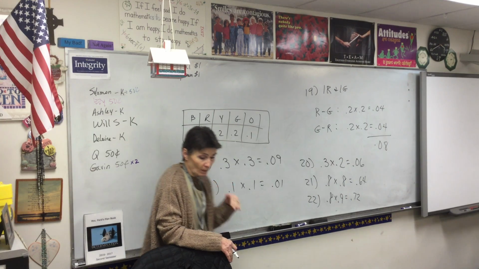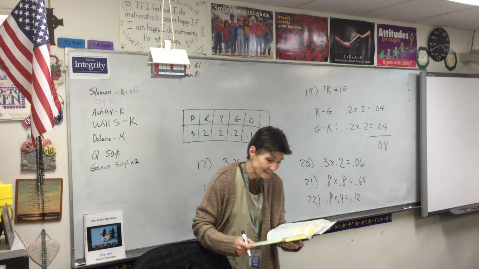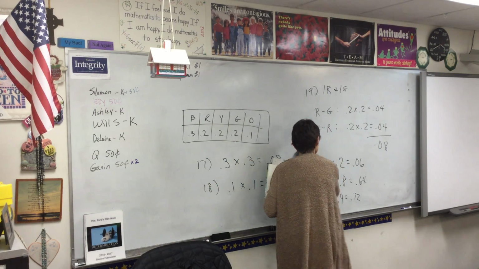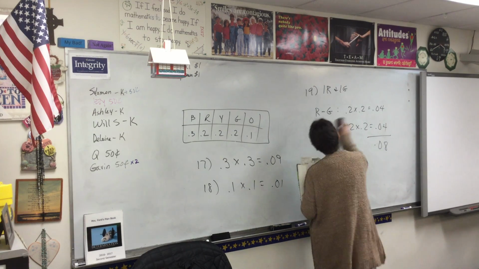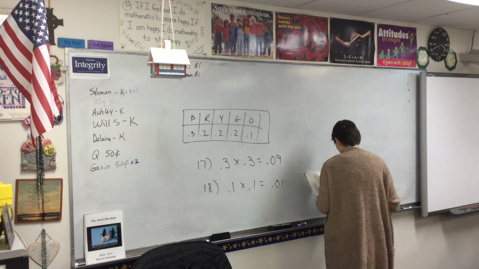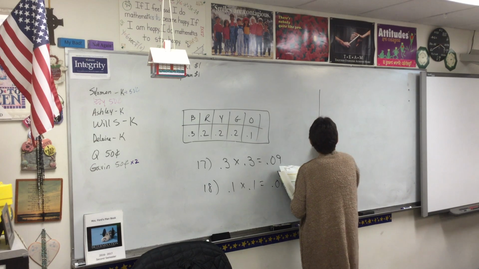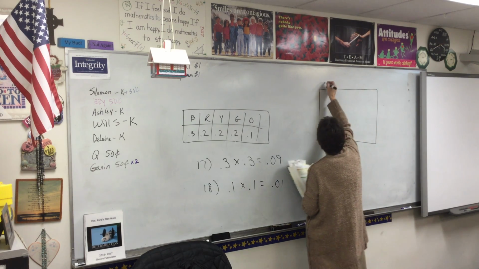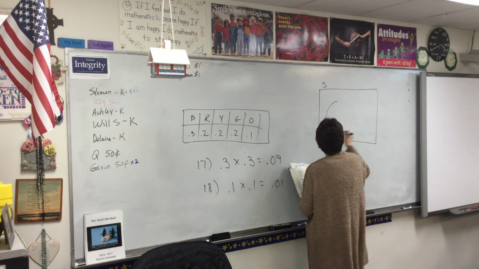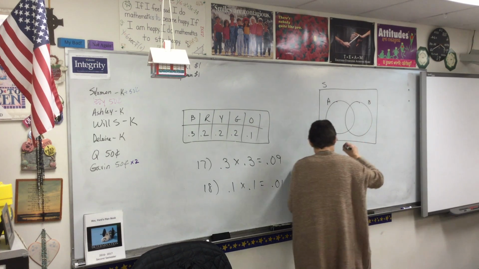Good? Okay, a couple more on this page and then we'll be done with our book. Let's look at number 27. 27 is what you already know how to do, it's just written differently. So I want to make sure it makes sense to you. So 27 says we have a sample space, S, and we got A and B inside the sample space, which is your Venn diagram.